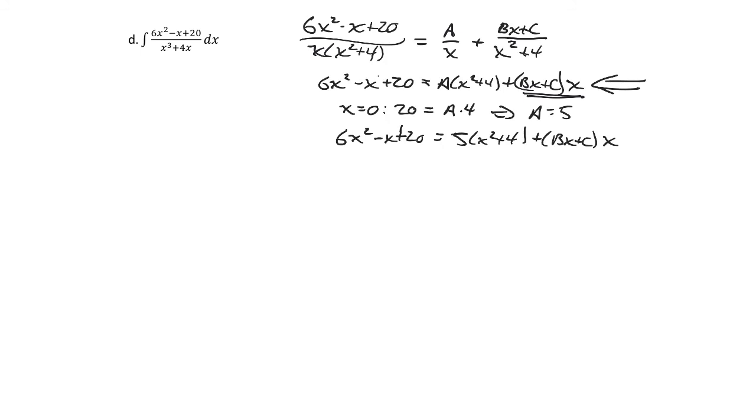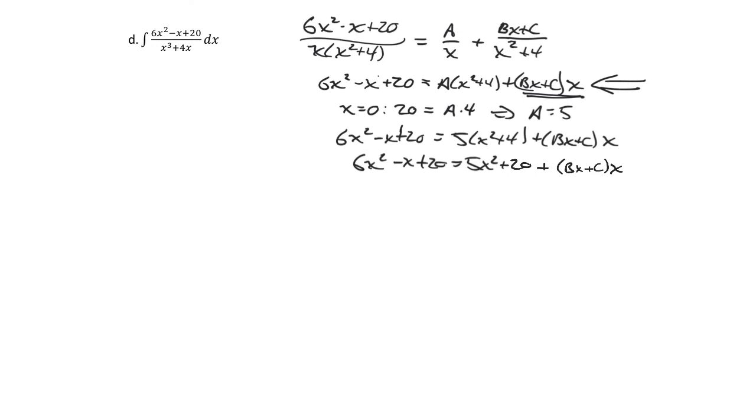Now we distribute the 5 through. 6x squared minus x plus 20 equals 5x squared plus 20, and then plus, we'll just leave that x factored out. We'll see why that's important to do, as in not distribute.